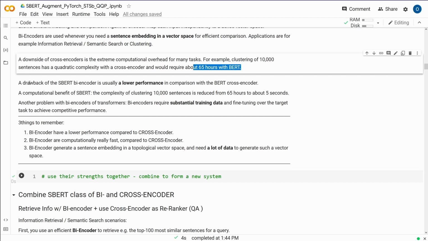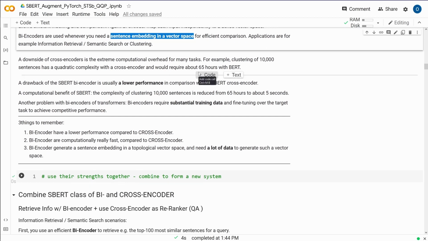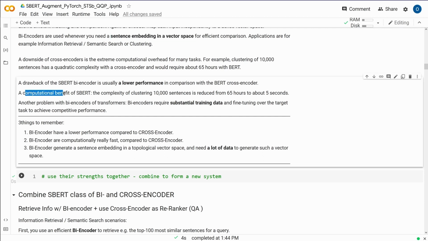If you on the other side have our Bi-encoder, remember, the Bi-encoder does something completely different. A cross-encoder gives us a score between 0 and 1, and a Bi-encoder gives us a sentence embedding in an n-dimensional topological vector space. So careful, don't mix up those two things. But we can combine a cross-encoder and a Bi-encoder for something beautiful. But we have to understand the benefit of a Bi-encoder.